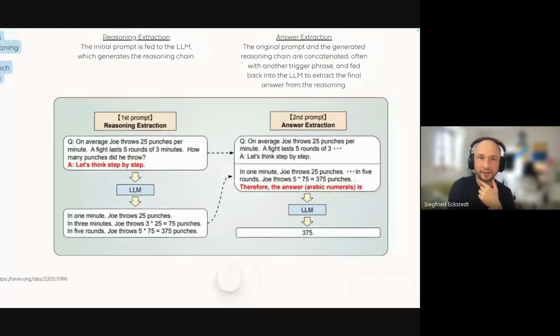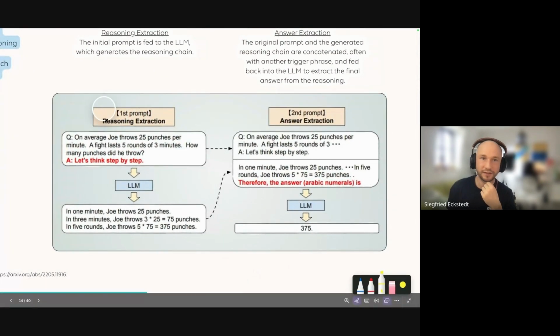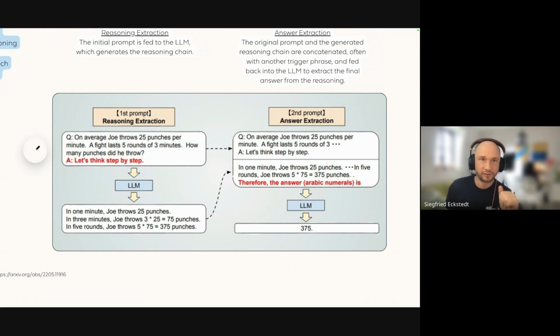The first step is called reasoning extraction, where an initial prompt with the question is just fed into the large language model. It then generates the reasoning. And then you take the reasoning, you attach it to the previous prompt that you used for extracting the reasoning. And here you go.